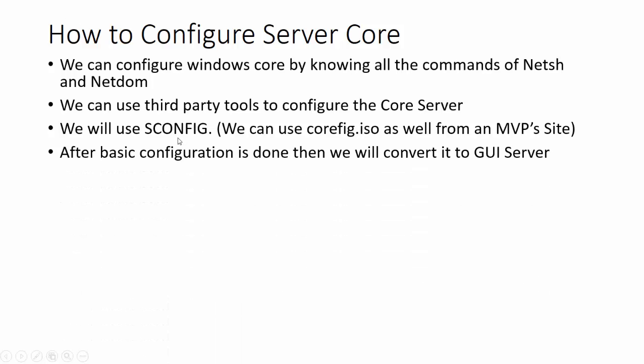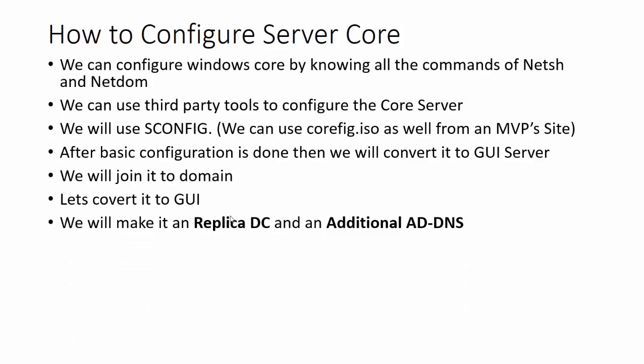Then after basic configuration, which is give the IP address, rename, and join to domain, we will convert it from command prompt to graphical interface. Even before converting to graphical interface, we can join to the domain.